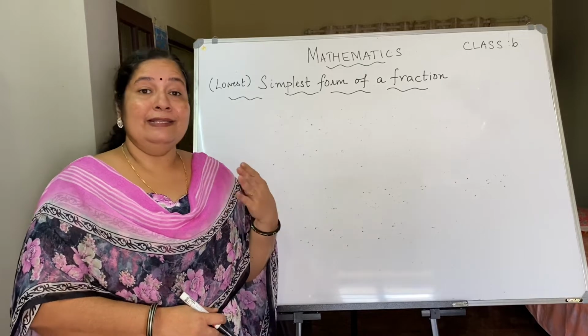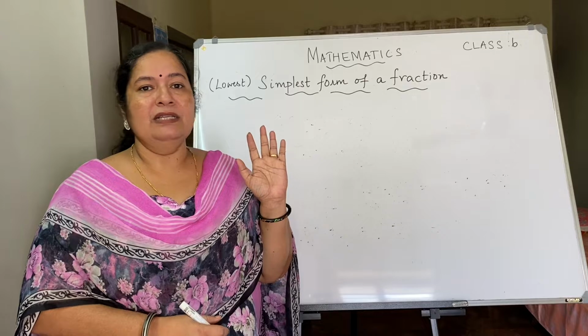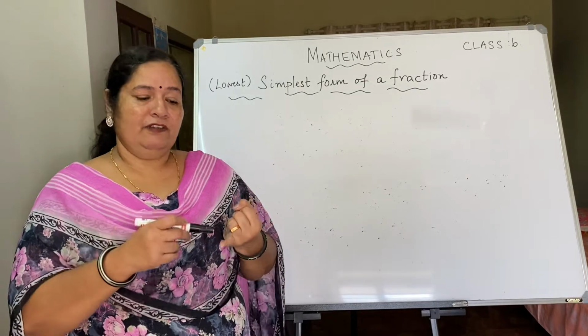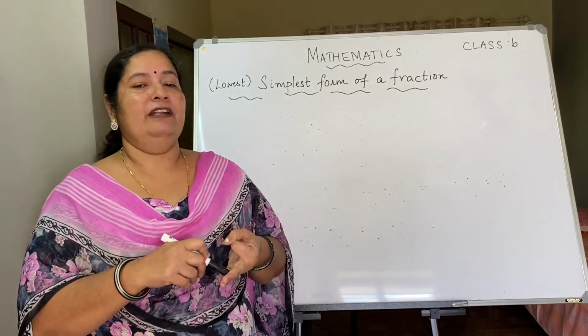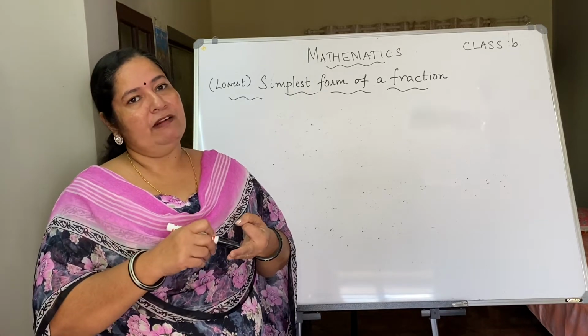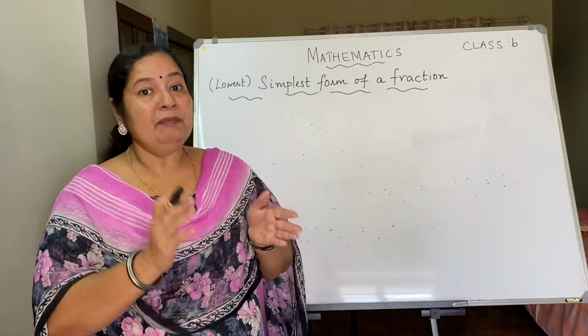Now finding HCF. We have already learned in the chapter Playing with Numbers how to find the HCF. Different methods we have learned. First is finding the factors, then finding the common factors, and then finding the highest of the common factors, or by prime factorization. You find the prime factorization of the given numbers and take the common ones with the minimum powers.